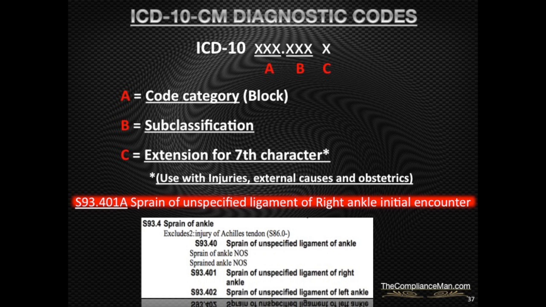Now underneath that, you'll see that you have a choice between the right ankle or the left ankle, which is much more specific than the unspecified code, which is the 40. So in this case, you would use the S93.401, indicating that it is a sprain of a ligament of the right ankle.